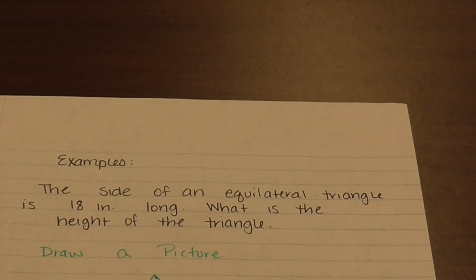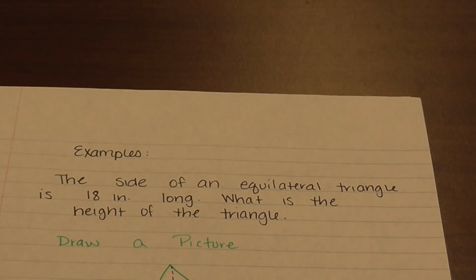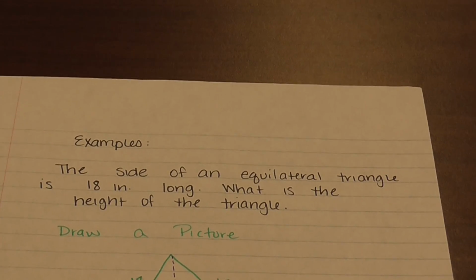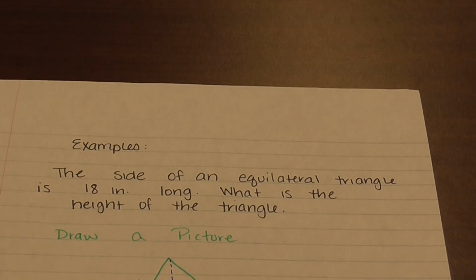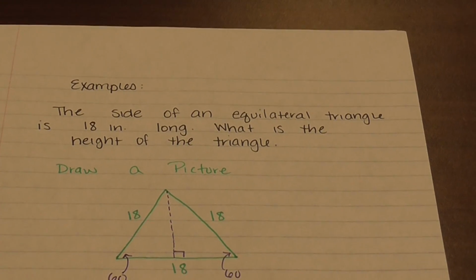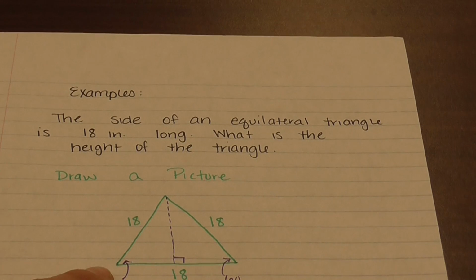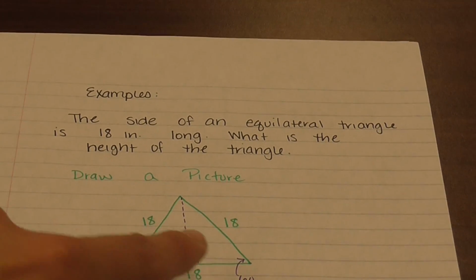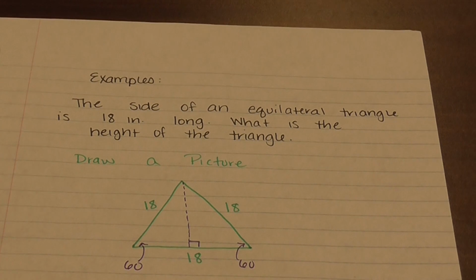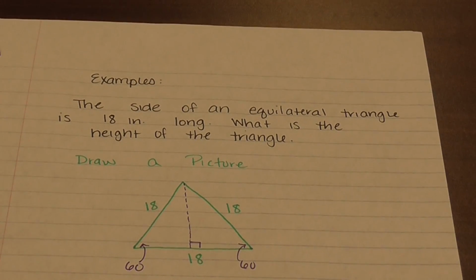And last but not least, the side of an equilateral triangle is 18 inches long. What is the height of the triangle? This particular problem actually illustrates where a 30, 60, 90 triangle came from. After I draw my picture, I remember that in an equilateral triangle, all 3 angles are 60 degrees. It is equilateral, so all 3 sides equal 18 inches.